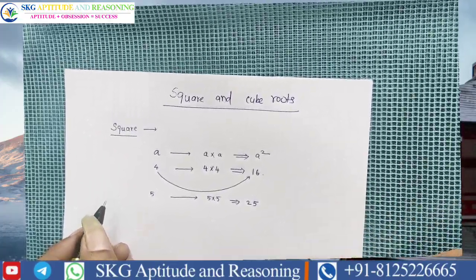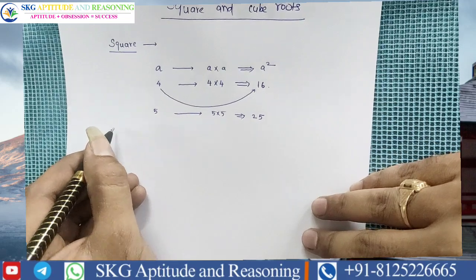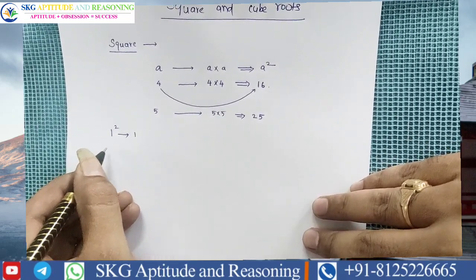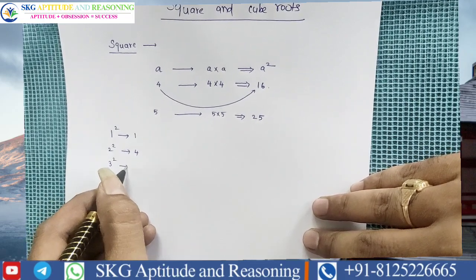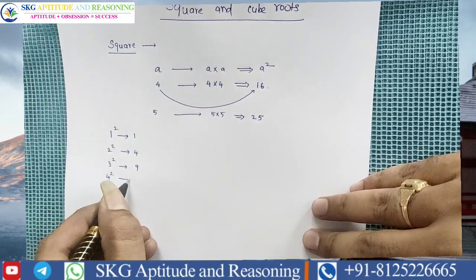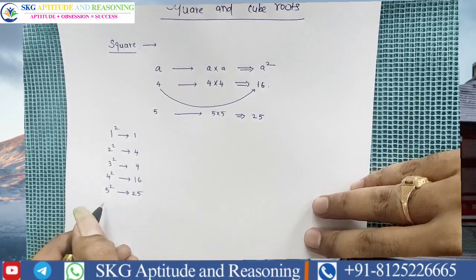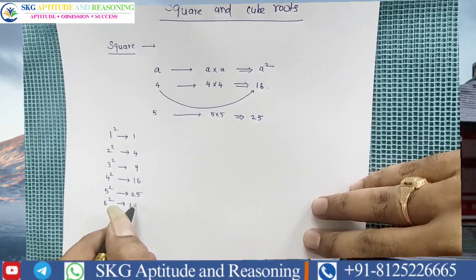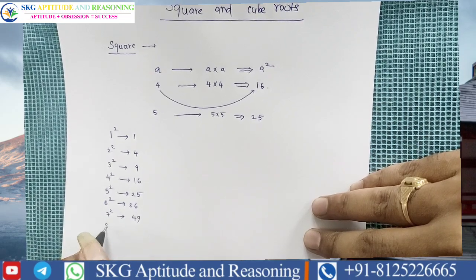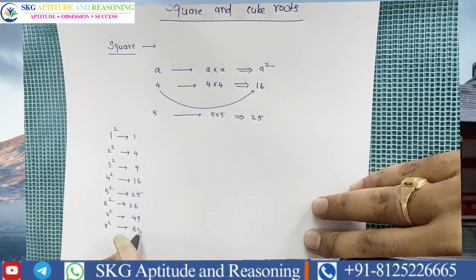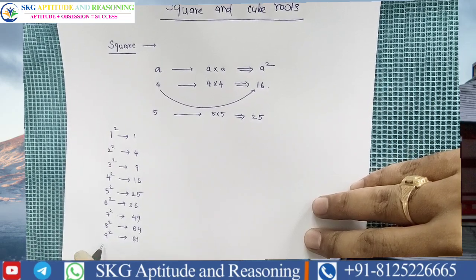Let us take 1 square value. 1 square is 1, 2 square is 4, 3 square is 9, 4 square is 16, 5 square is 25, 6 square is 36, 7 square is 49, 8 square is 64, 9 square is 81, and 10 square is 100.